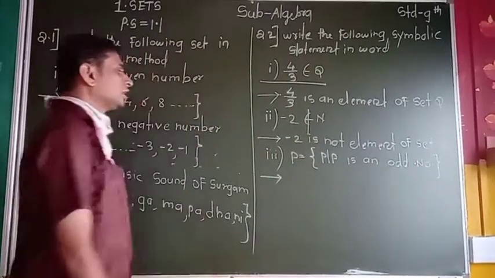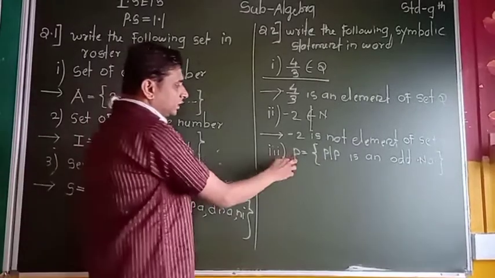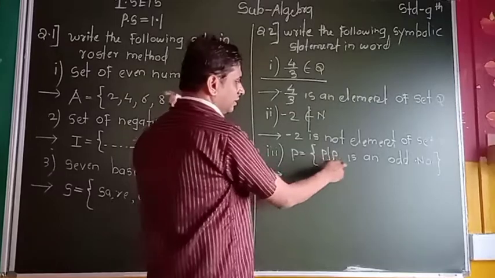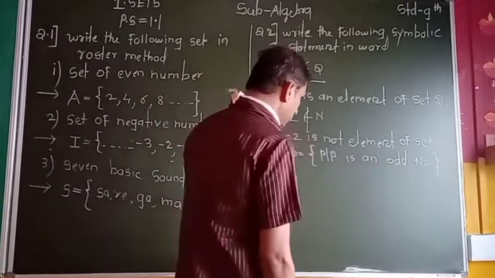Third one: P is equal to, in curly brackets, P such that P is an odd number.